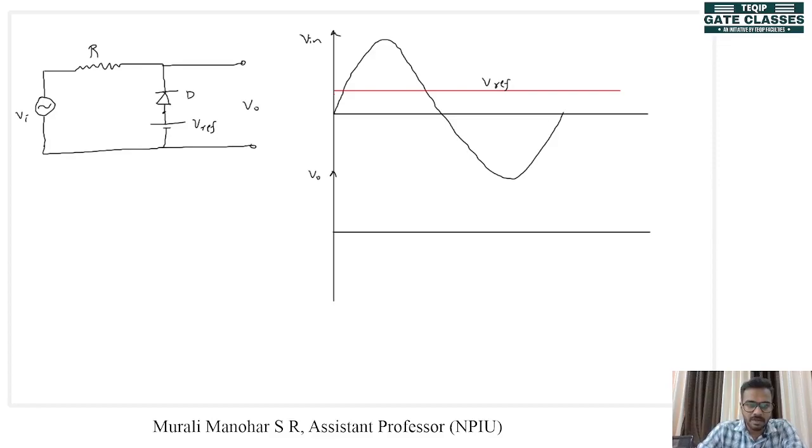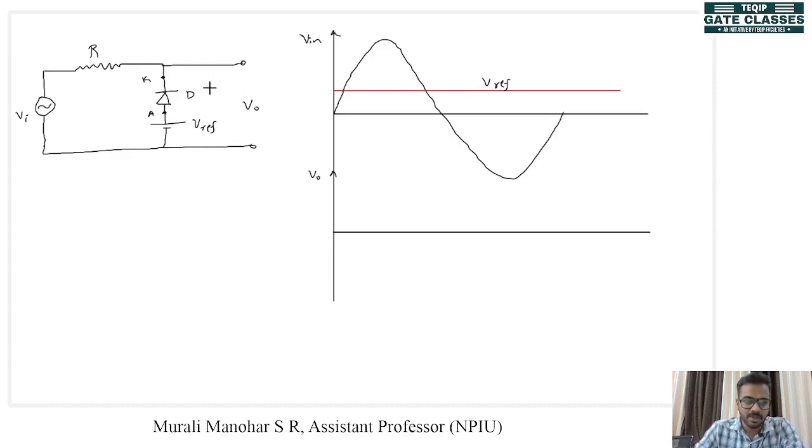So this is the anode and this is the cathode of our diode, right? And the anode is connected to a positive supply, which is Vref. Now anode is connected to Vref, and cathode voltage changes according to V in, right? So initially V in, which is cathode voltage, is less than Vref, right?